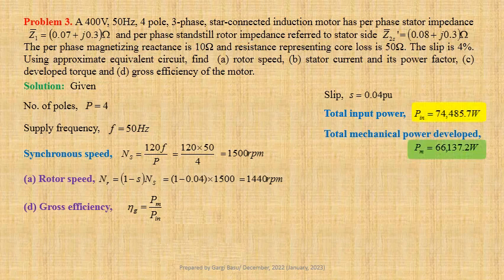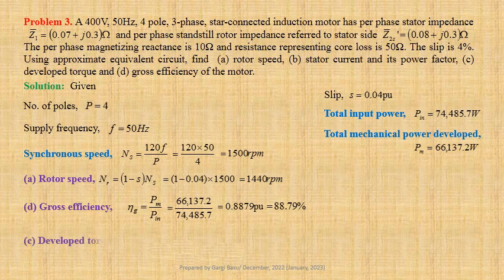Using values we get eta G equals 66,137.2 divided by 74,485.7, that gives us 0.8879 per unit or 88.79%. Now we shall calculate developed torque.